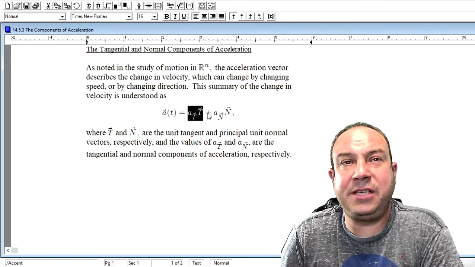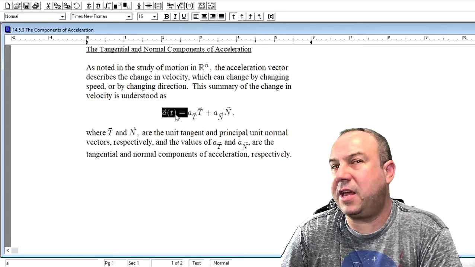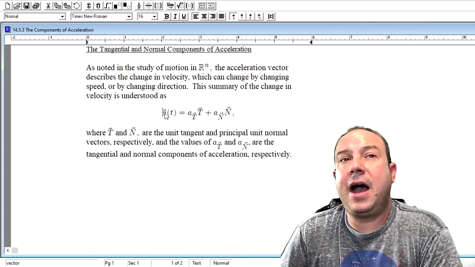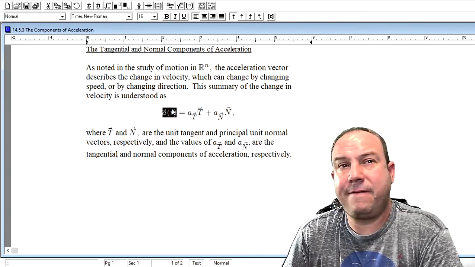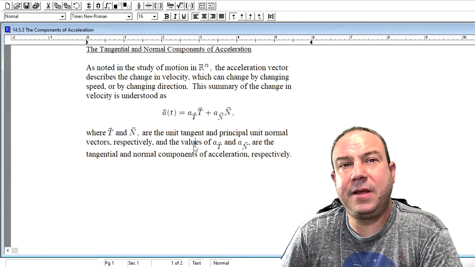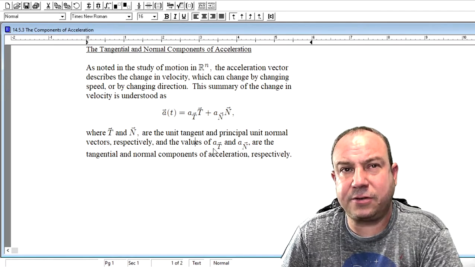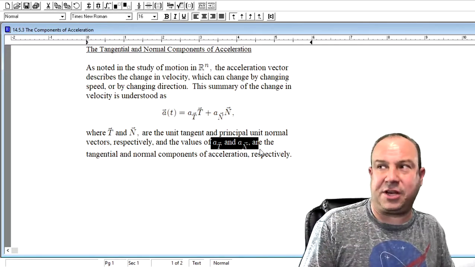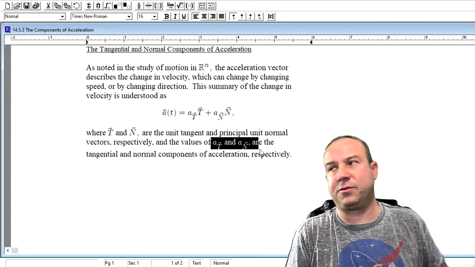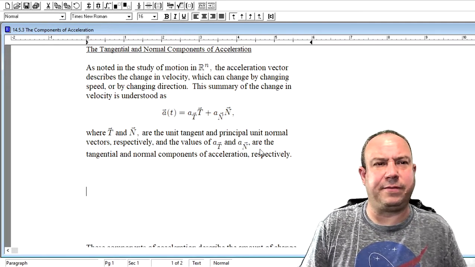And when we sum these two scaled vectors, scaled by these components of acceleration, we end up with this description of our acceleration vector. T bar and N bar are the unit tangent and principal unit normal vectors, respectively. And A of T bar and A of N bar are the tangential and normal components of acceleration, respectively. And that is all rather intuitive.